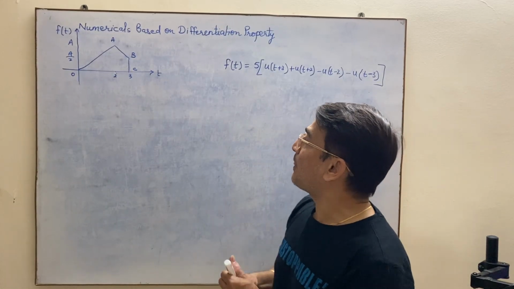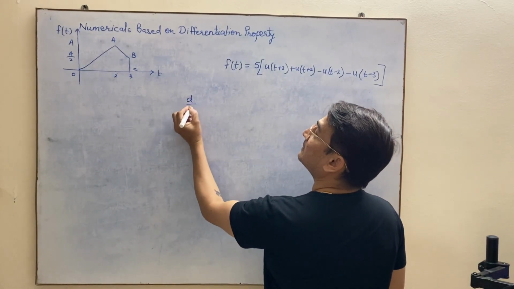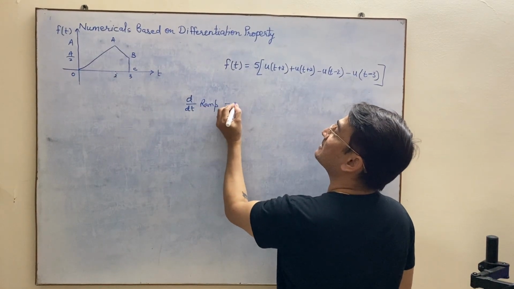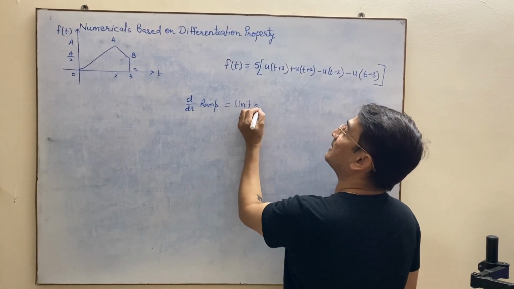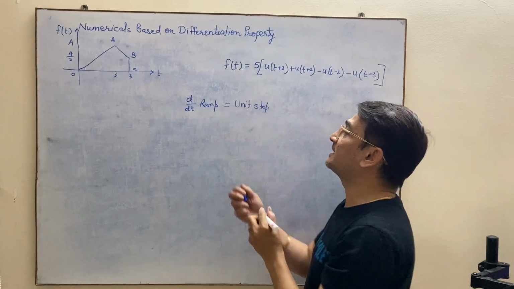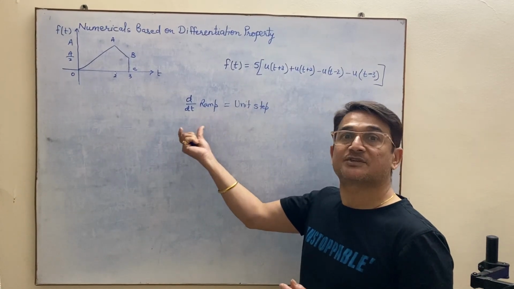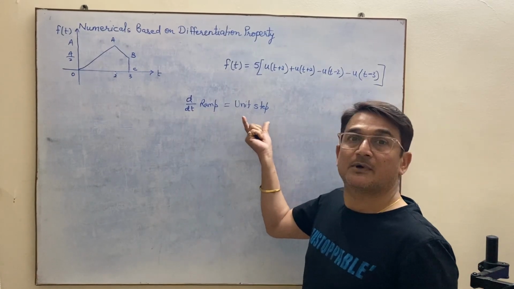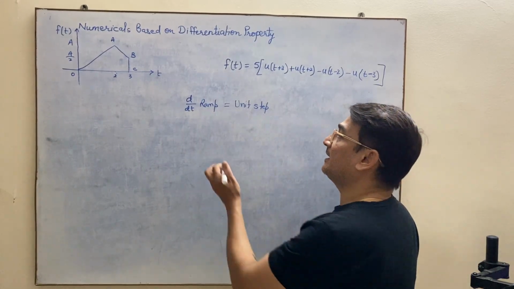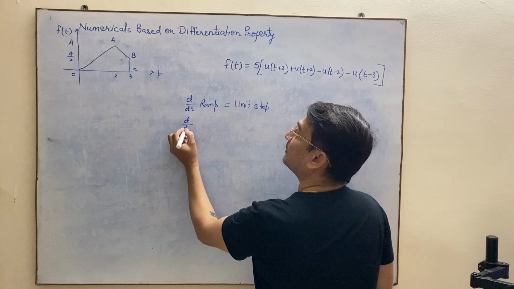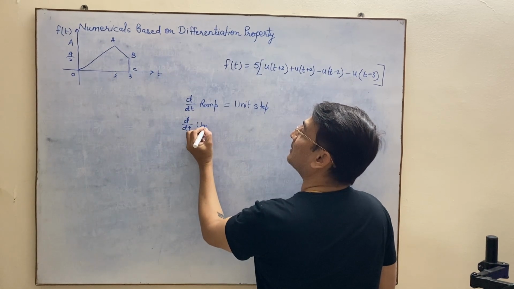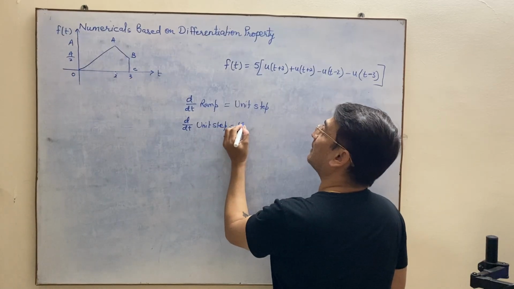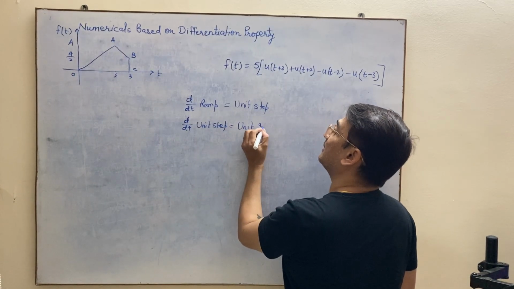First thing is, differentiation of a ramp function is always a unit step function. So always remember this. If you have a ramp function, you have to differentiate it so that the ramp function becomes a unit step function. Then when you have a unit step function, you need to differentiate it again to get a unit impulse function.